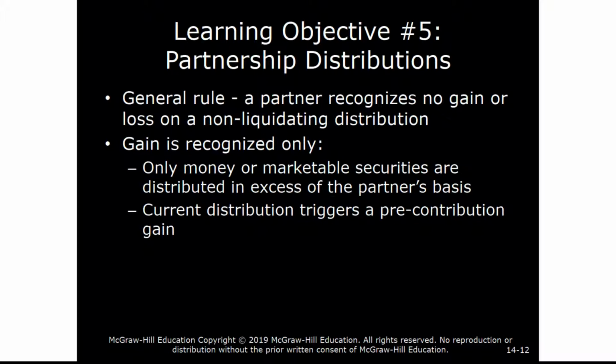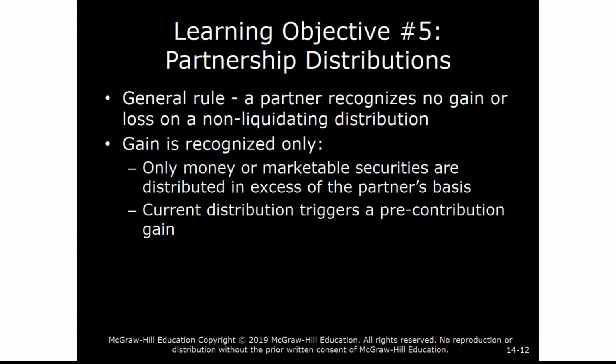However, in certain instances, if this same property with this built-in gain, this pre-contribution gain, is later sold or distributed to one of the partners of the partnership within 7 years, then that would mean that the contributing partner would have to pay taxes on that pre-contribution gain. Otherwise, they would not.